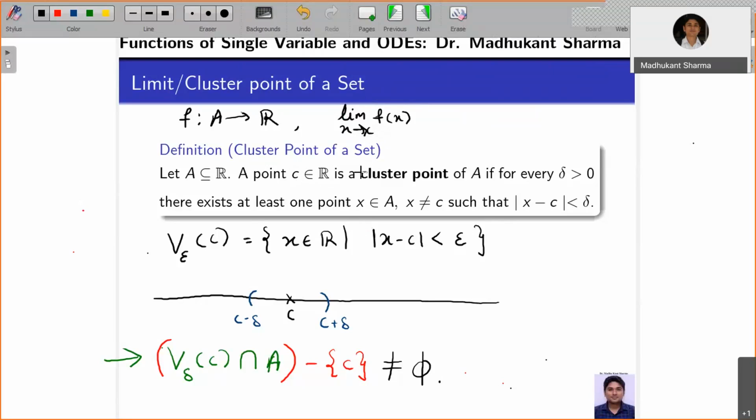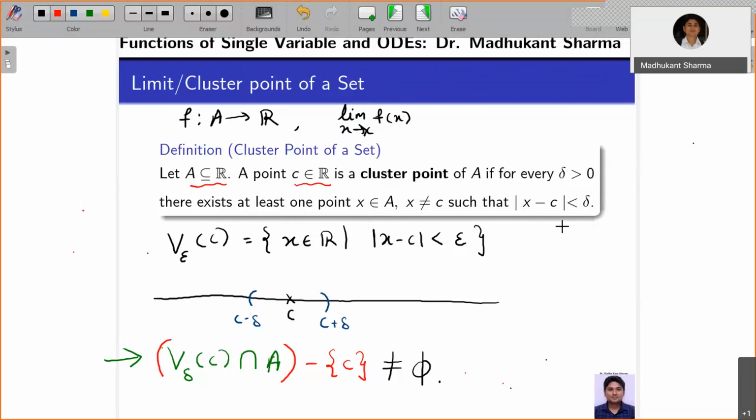point of a set. So we have been given a set A, which is a subset of R. Then we say a point c in R is a cluster point of A if for every delta positive, there exists at least one point of A other than c, such that mod x minus c is less than delta.